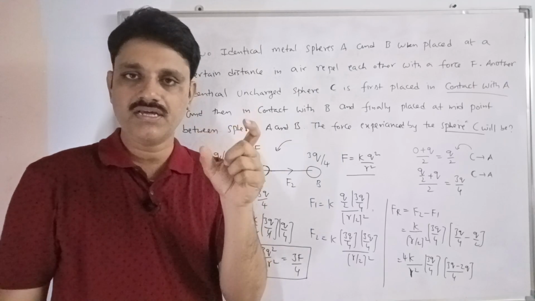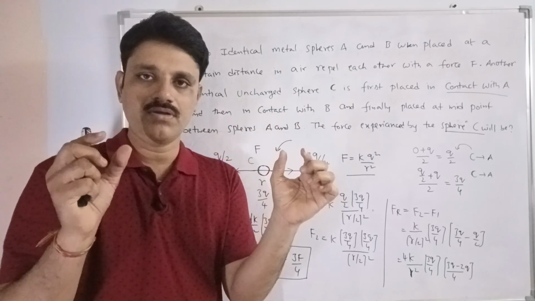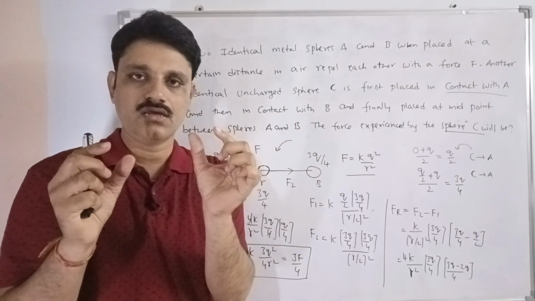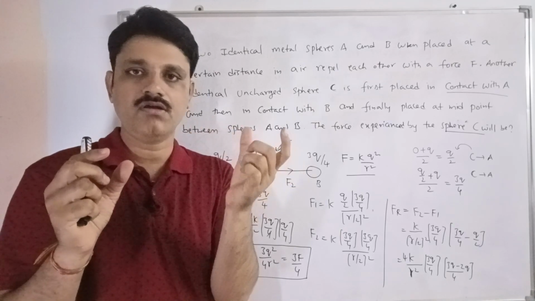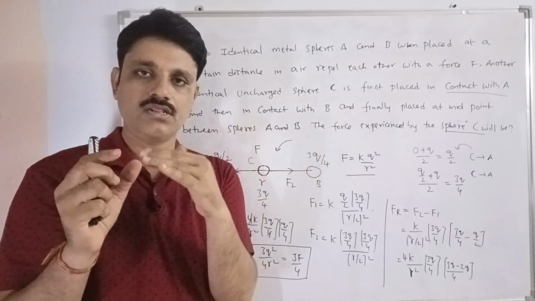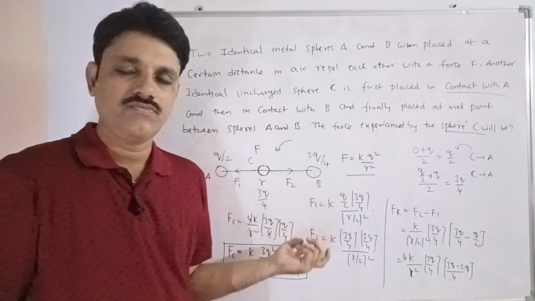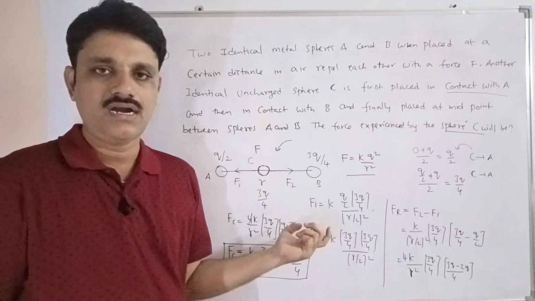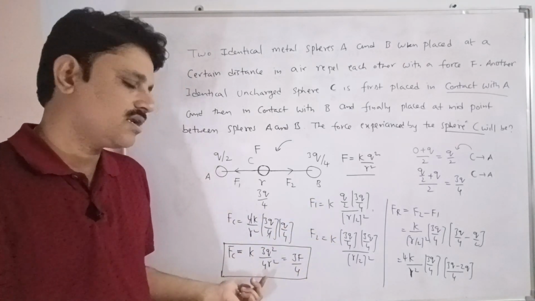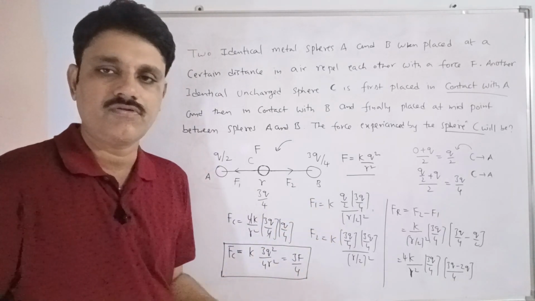Finally we place C in between A and B. What is the force acting on C with respect to A and B, or the force exerted by C on A and B? The force acting on C is the resultant of F1 and F2. Finally the resultant FC is equal to 3F by 4.